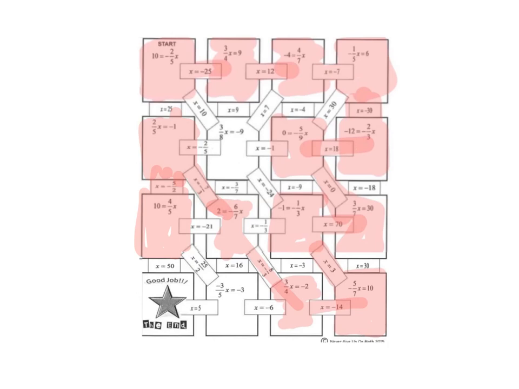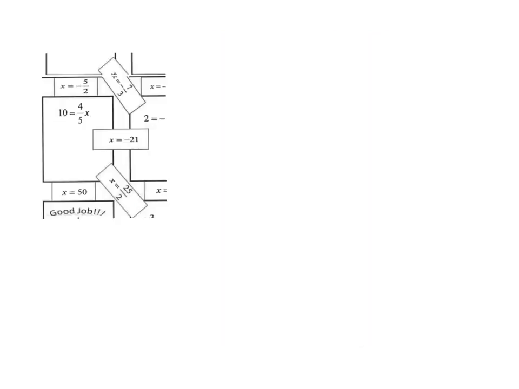We've got 10 is equal to 4/5 x. Hopefully this is the last one. All right. Here we go. 10 is equal to 4/5 x. We're going to multiply both sides by the reciprocal.